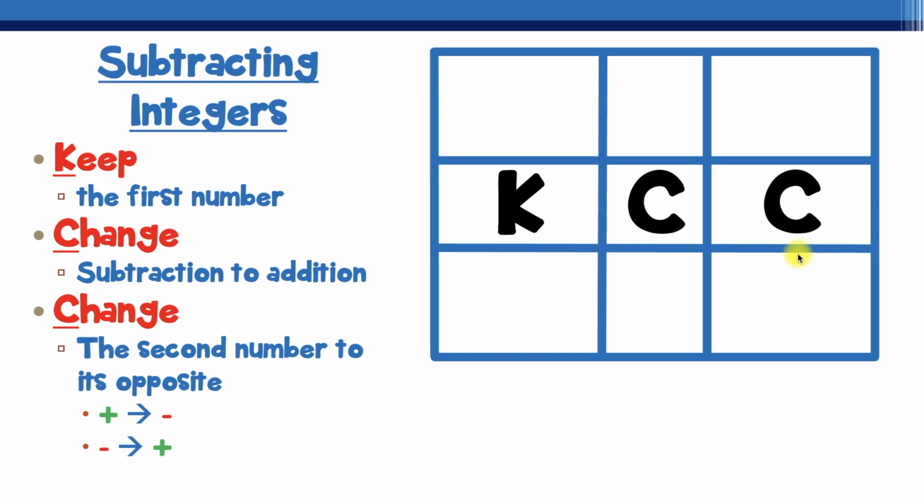Let's start with an example. Let's say we have 5 minus negative 3. Well, since we're keeping the first value, this 5 will get kept and will stay exactly the same. So down here, we'll just write 5 again.